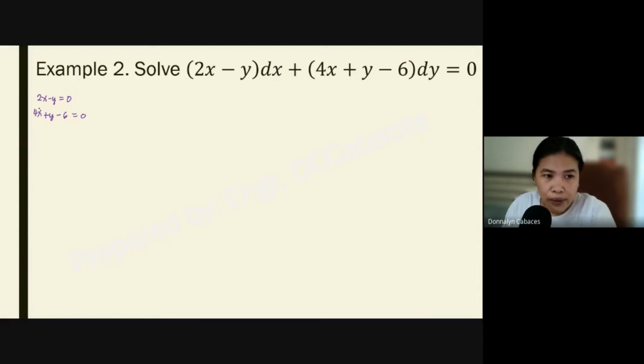Okay? So finding first the point of intersection. If you add the two, you have 6x equals 6. Therefore, x equals 1. If x equals 1, then what is y?